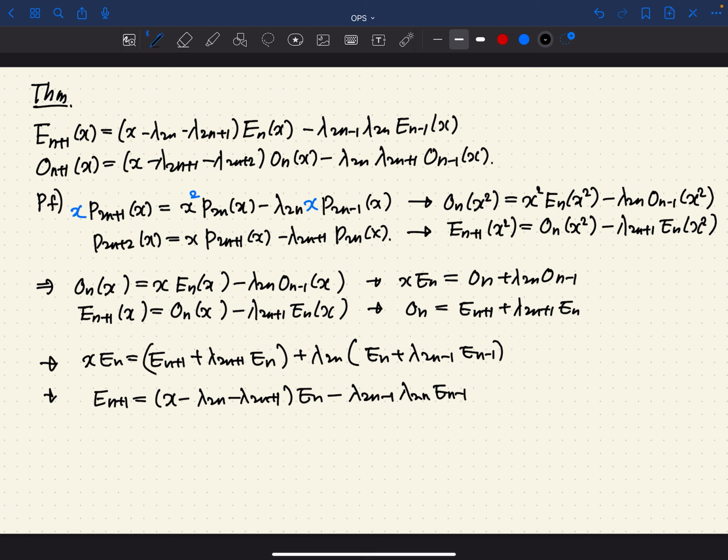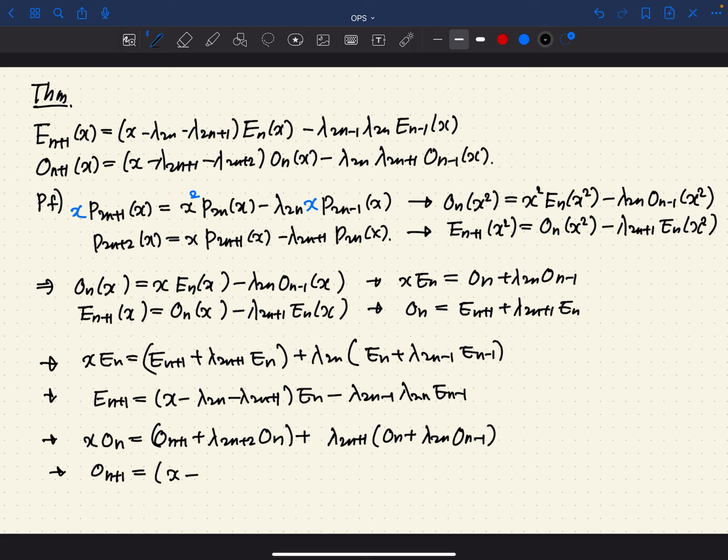Then we get x On equals, now this is x E n plus 1, so you replace n by n plus 1, so O n plus 1 plus lambda 2n plus 2 On, plus here we have x here, so we multiply these two, so lambda 2n plus 1 lambda 2n O n minus 1. But now if you rearrange as before, we get something like this.